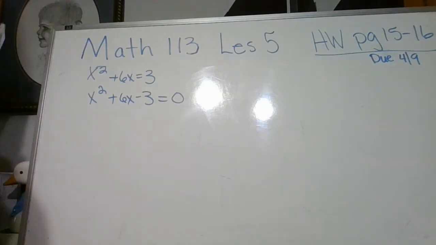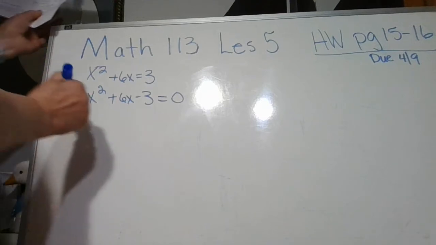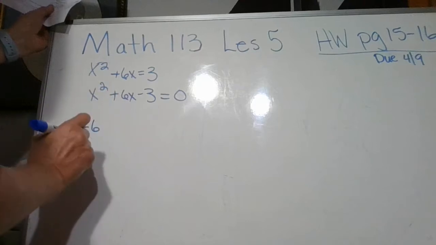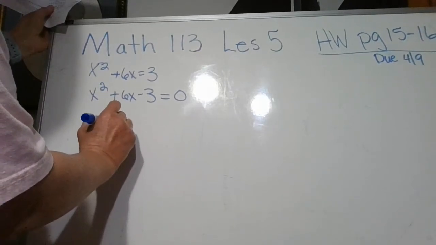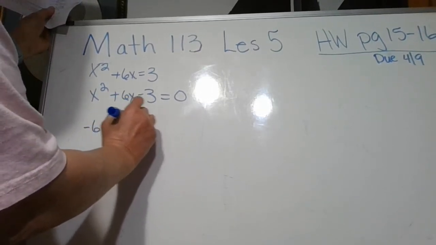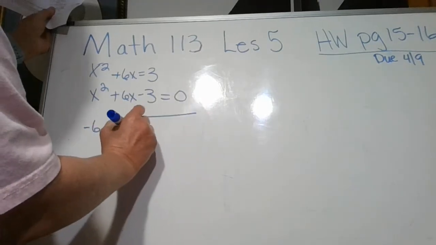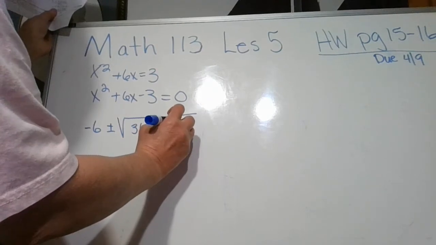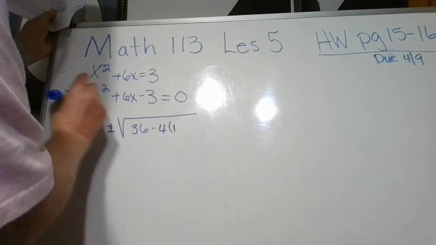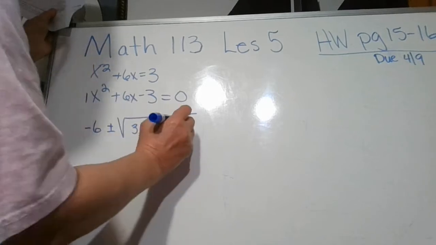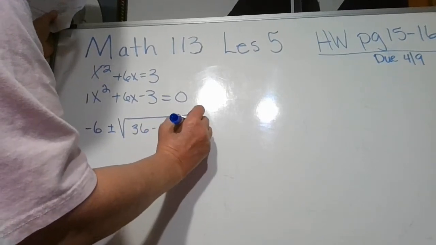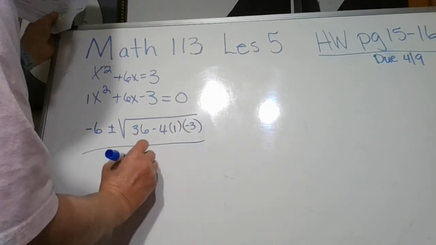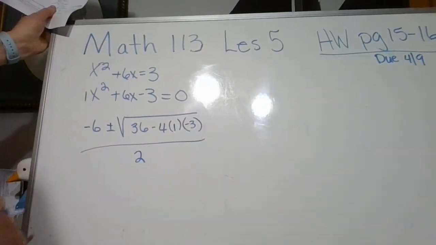So we're going to have -6 right there for b, plus or minus b squared, which would be 36, minus 4 times a, which is 1. A is right here, times c, which is a -3, all over 2a, which is just 2 this time.